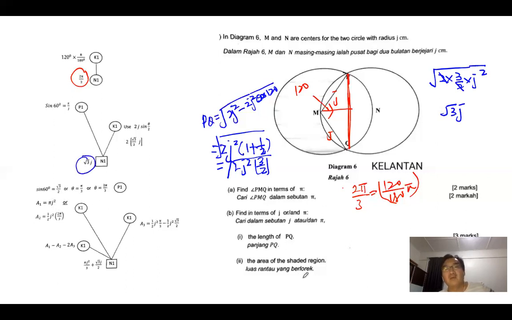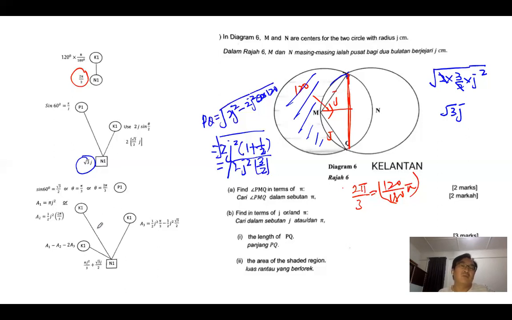Right? And then find the area of the shaded region. So the shaded region is here. Okay, so sorry, shaded region will be, okay, this part I think. Okay, you can see here A1 minus A2 minus 2A3. All right, so A1 is pi r square, the whole circle, pi r square.